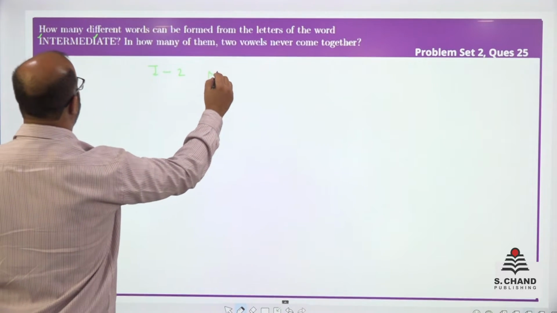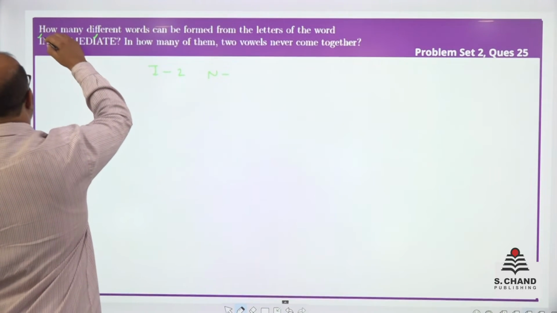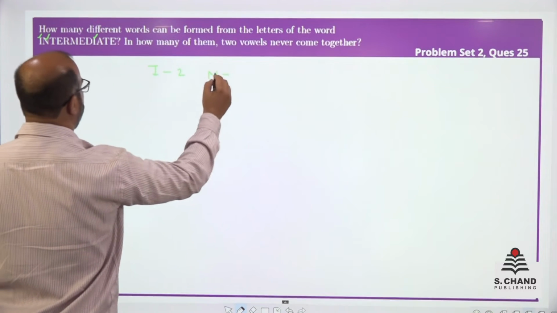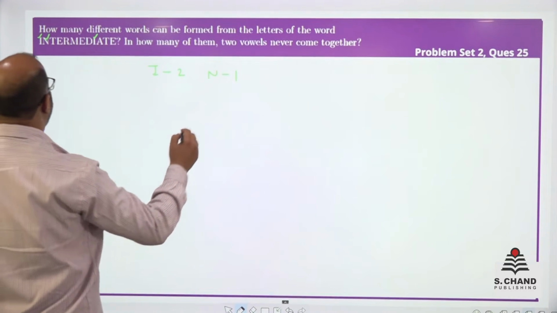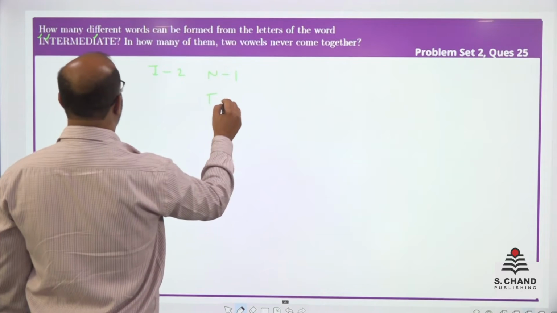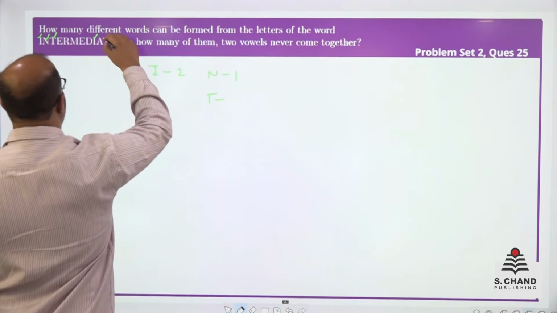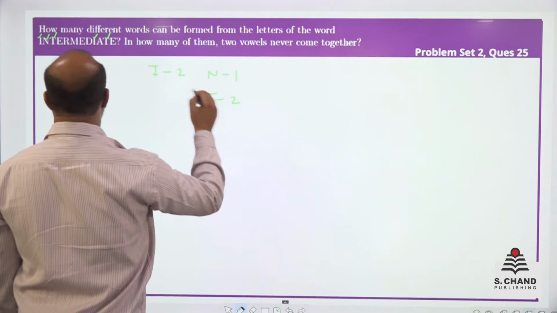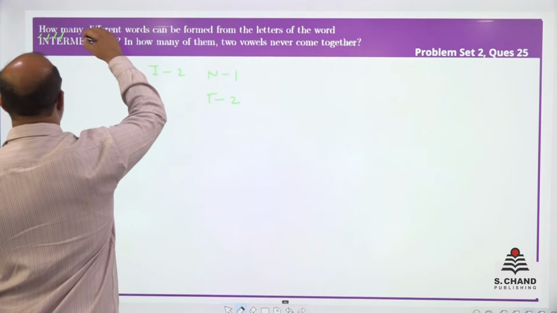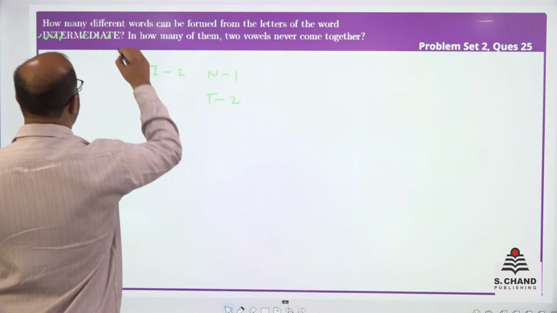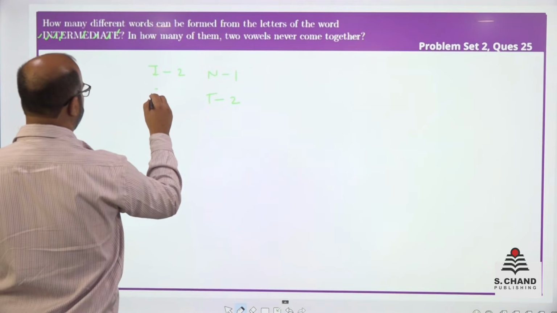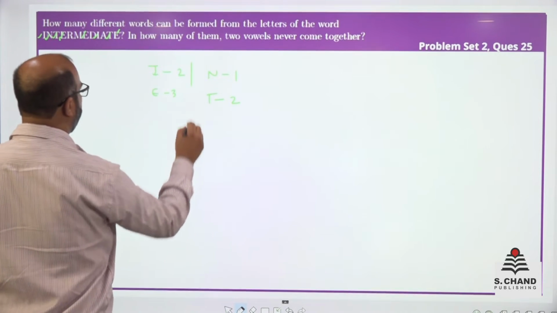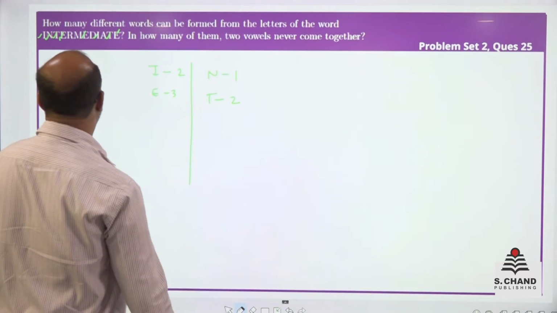Then N, 1 place. Then T, 2 places. E, 3 places. It is a vowel, so I am writing on the left. Consonant I am writing on the right.